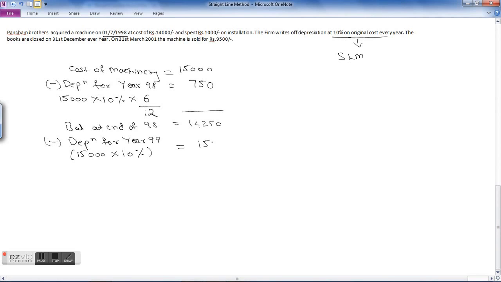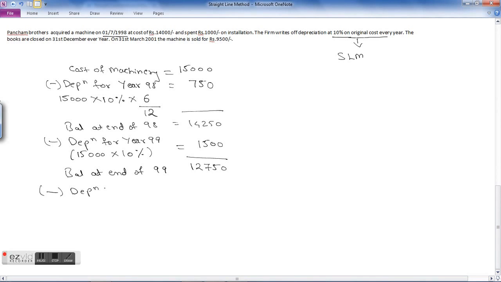So the amount is 1,500. The balance at the end of 99 is 14,250 minus 1,500, that makes it 12,750.